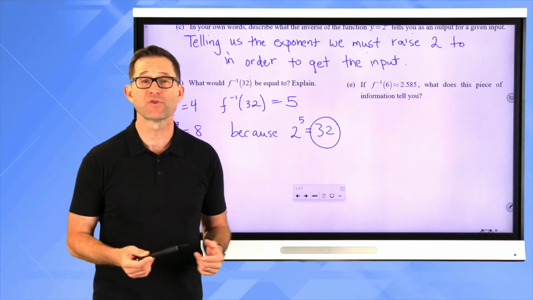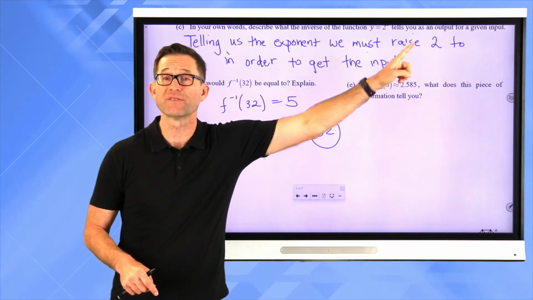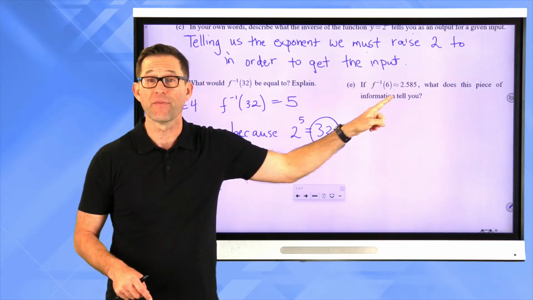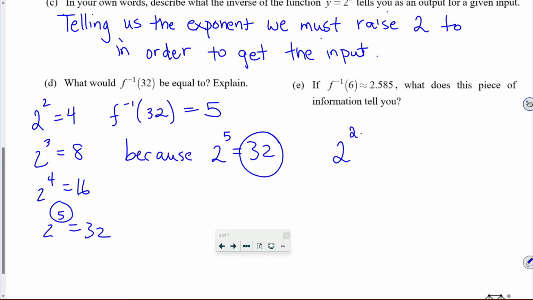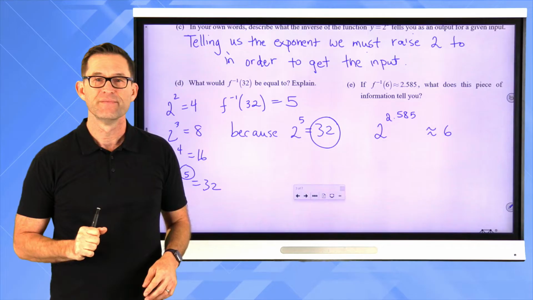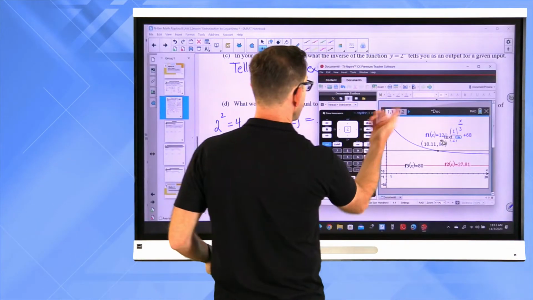Well, again, what this function is telling us, as an output, is the exponent we need to raise 2 to in order to get the input. So what this is telling us is that 2 raised to the 2.585 will be approximately equal to 6. And in fact, let me test that really quick, right? Let me bring out my calculator.